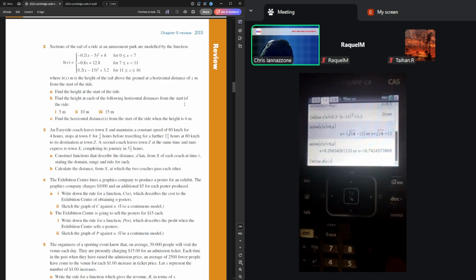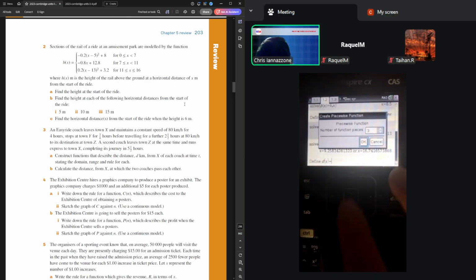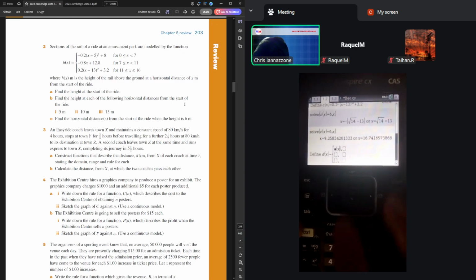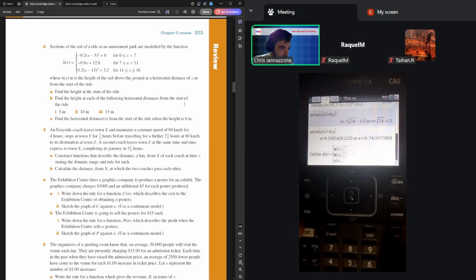So let's go do that. We want 3. I've already defined each of these, so we can just sheet that out real quick. All that's left would be to give these domains proper.